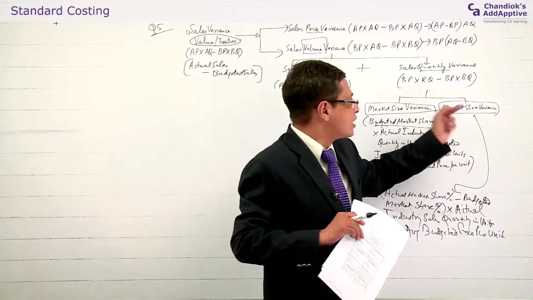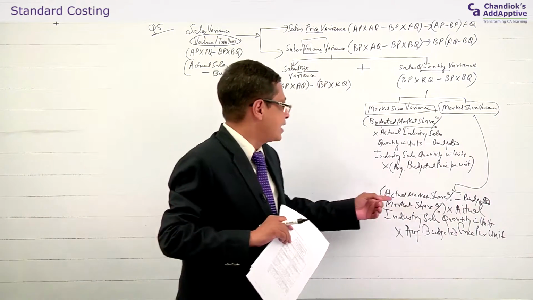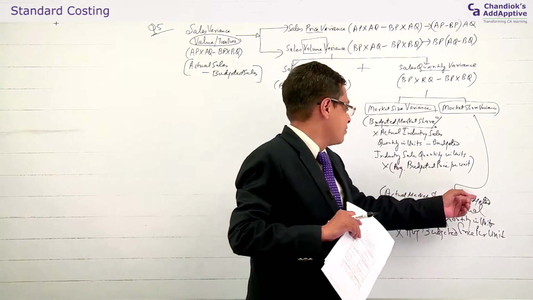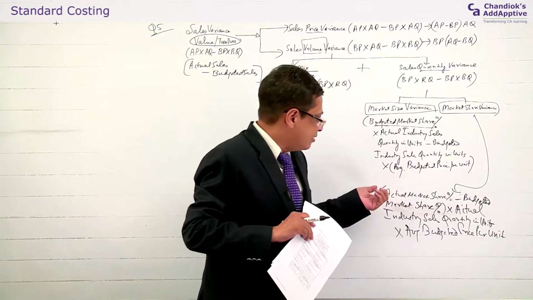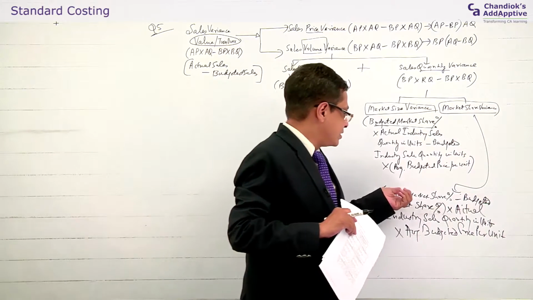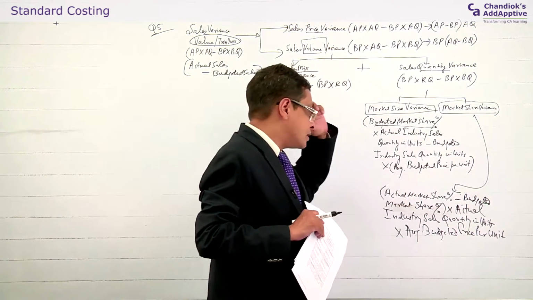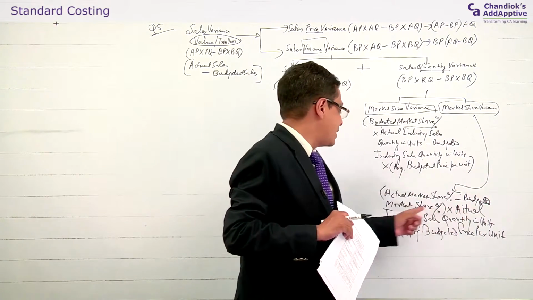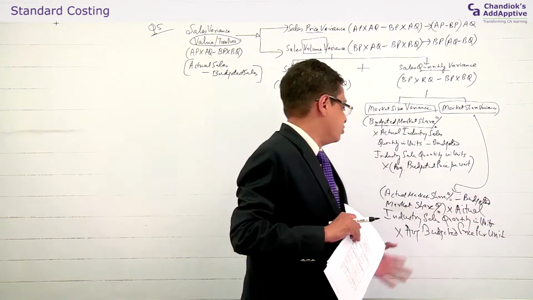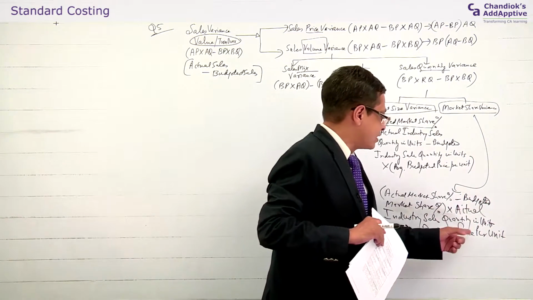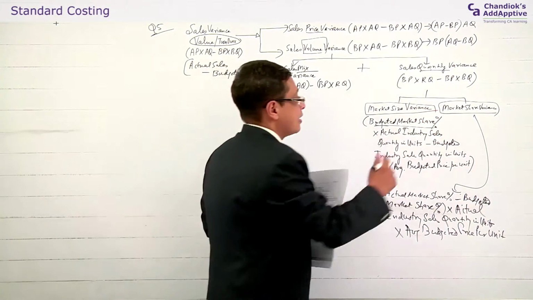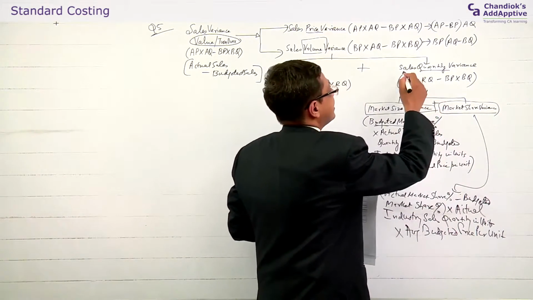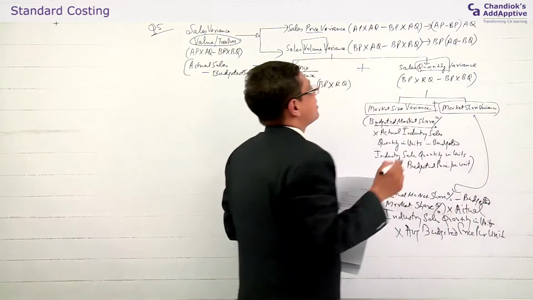The market share variance is actual market share percentage minus budgeted market share percentage when this element which comes out of these two is multiplied with actual industry sales quantity in unit into average budgeted price per unit, you get market share variance. So if you add these two, you get sales quantity variance.